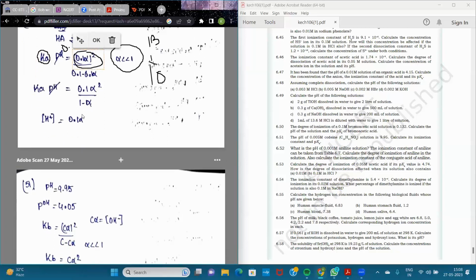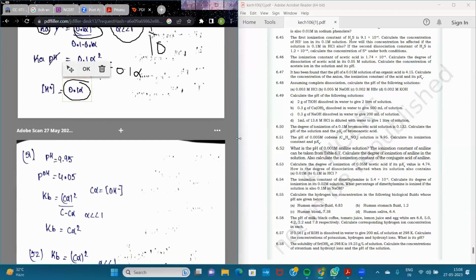If I neglect alpha, we'll get Ka as 0.1 alpha square. From this, we'll get to know the value of alpha, and we can find the concentration of H plus easily as C alpha, that is 0.1 into alpha, and we can find the pH as well.